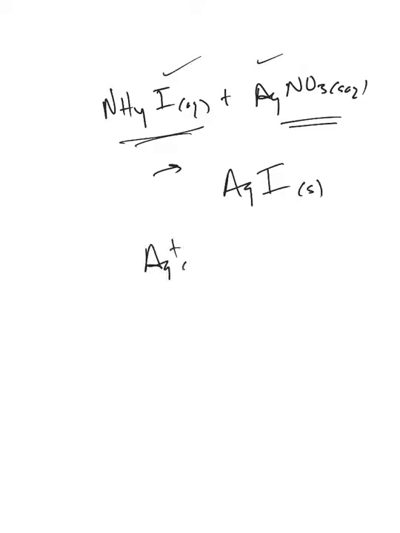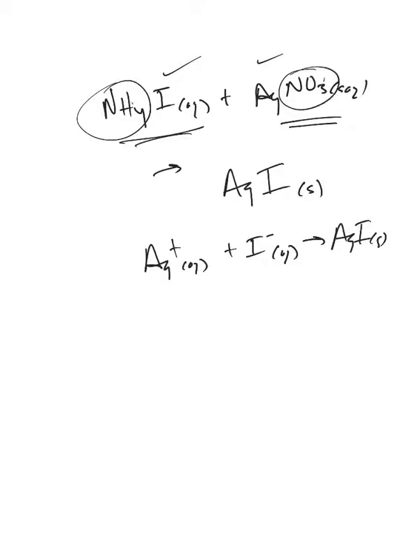And the net ionic equation then is just the cation from one plus the anion from the other gives my precipitate. Notice that the ammonium and the nitrate don't do anything because both of those salts are always soluble.